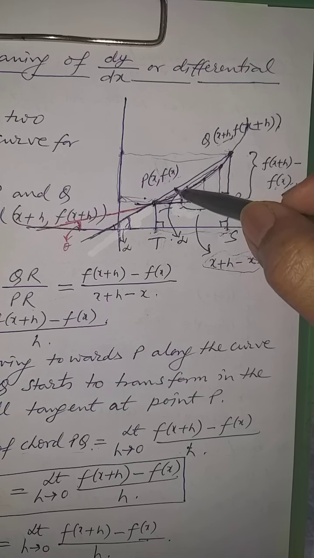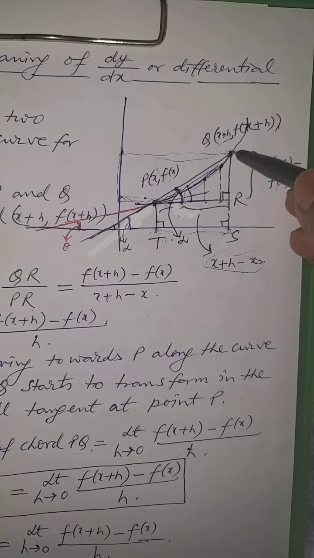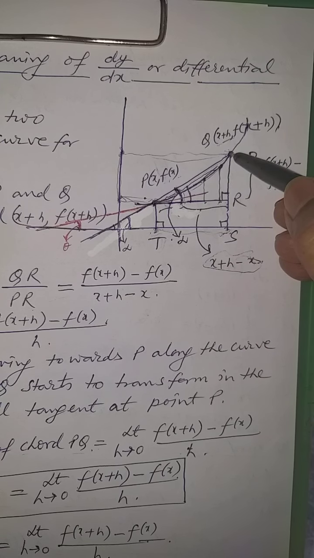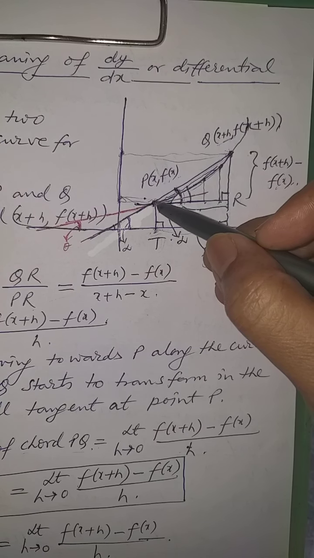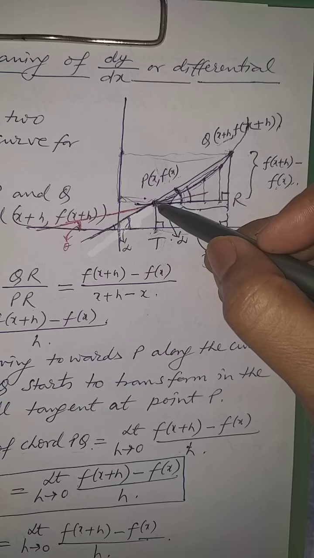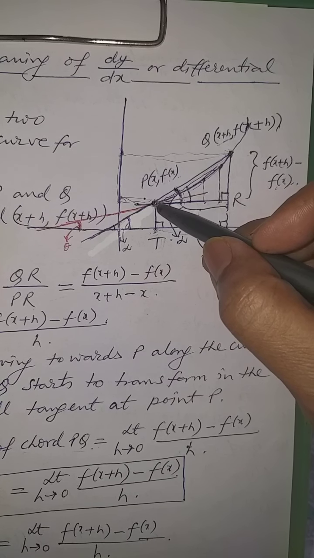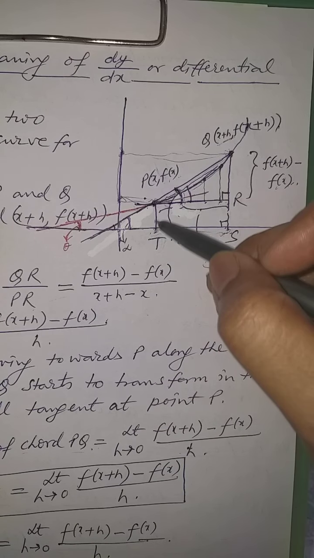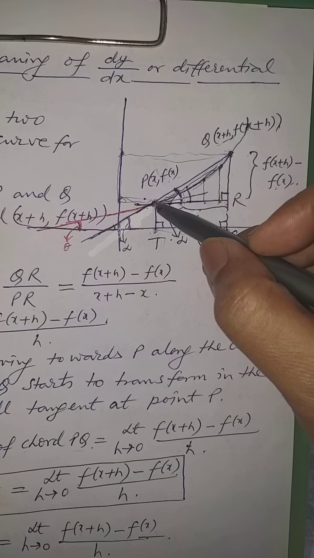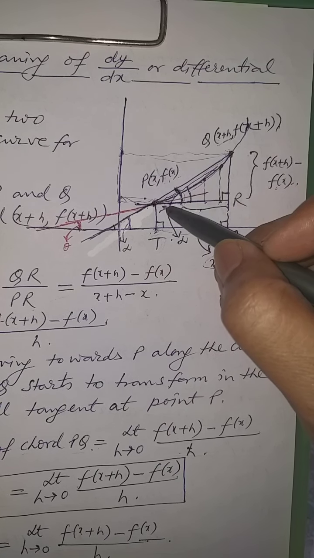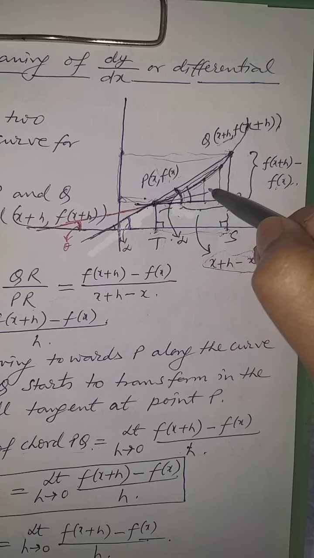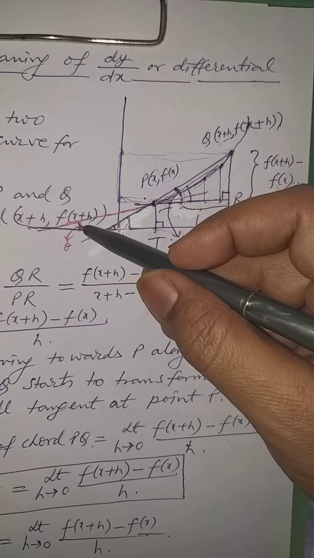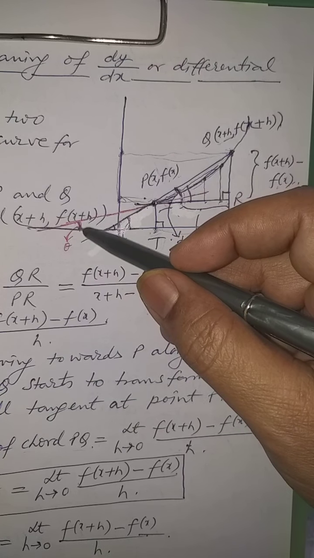Means the Q point and P point will coincide with each other, and this length PQ, that was a chord earlier, will now become a very tiny straight line drawn at point P in this direction. If you extend this tiny straight line, then do you think it will form a tangent at point P?